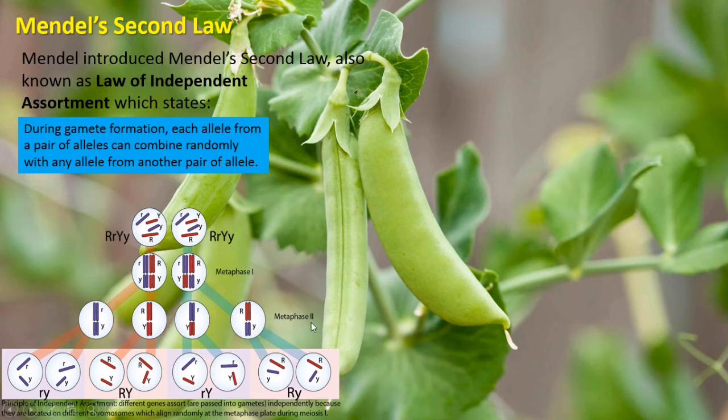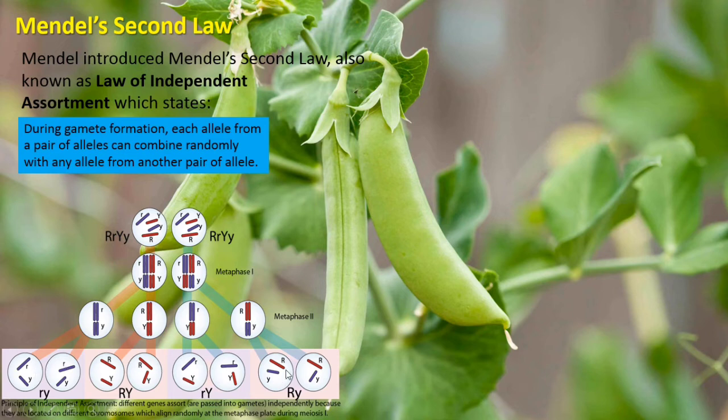Okay, ada 4 kombinasi ini terjadi apabila semasa meiosis, during metaphase 1 of meiosis, allele ini disusun secara rawak, secara bebas. Dia boleh disusun secara bebas dan dia boleh combine secara random untuk menghasilkan kombinasi yang berbeza di sini.